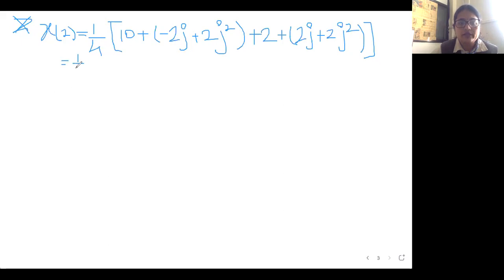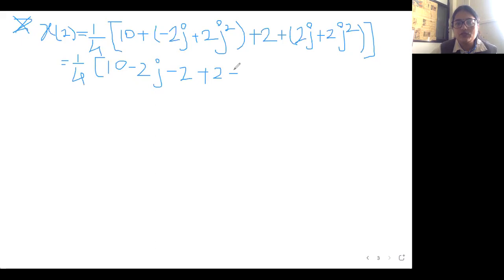The answer is 2, right? So this is 1 by 4 into the bracket. This is 10 minus 2j, and j square is minus 1, so this is simply minus 2 plus 2.